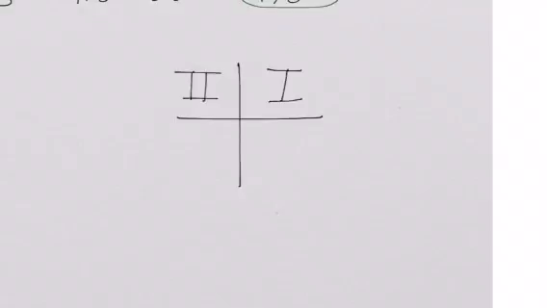So if we go back to the coordinate plane and look at standard position, we'll recall that the coordinate plane is divided into 4 numbered quadrants. One, 2, 3, and 4, with 1 being upper right, and then we number around counterclockwise from there.